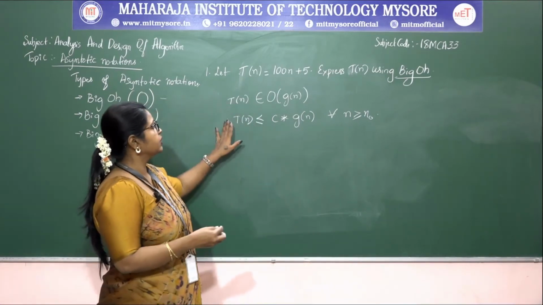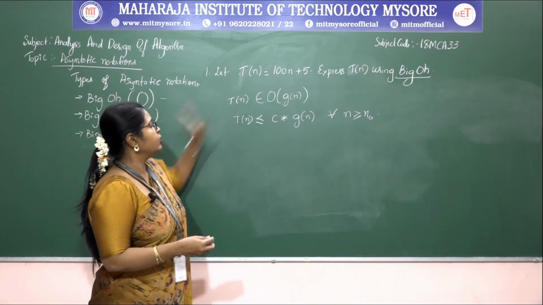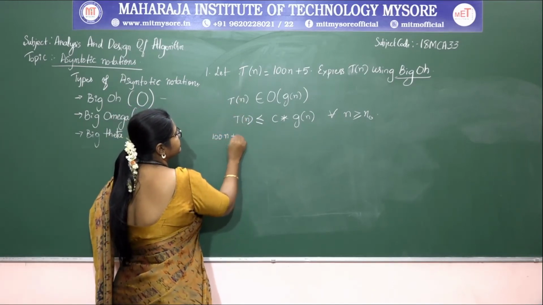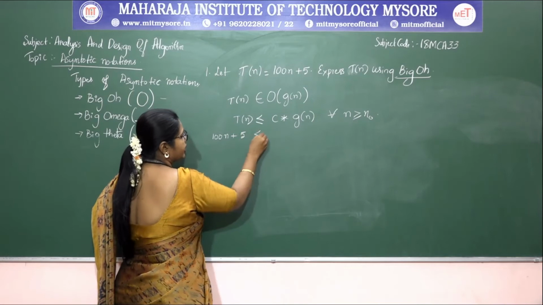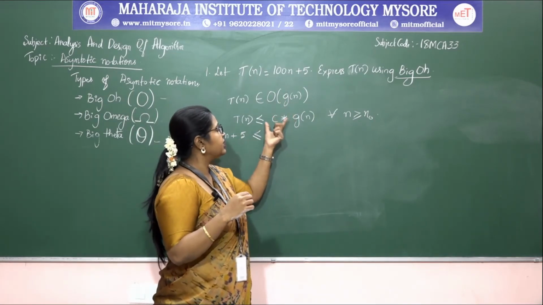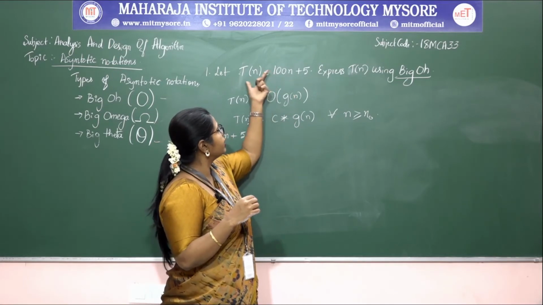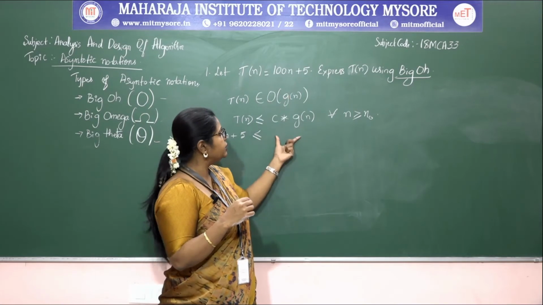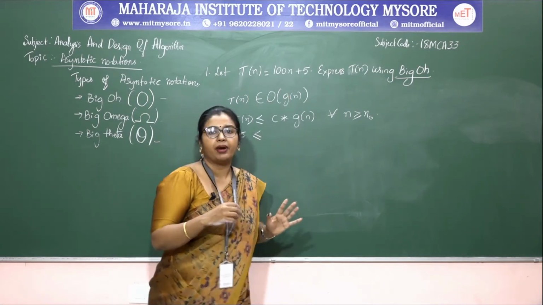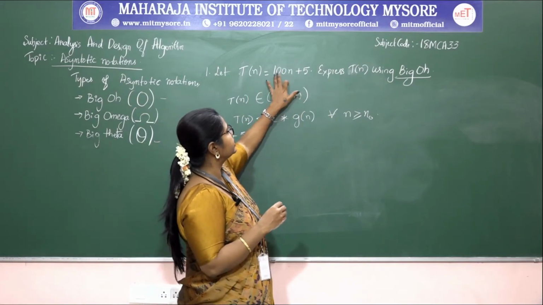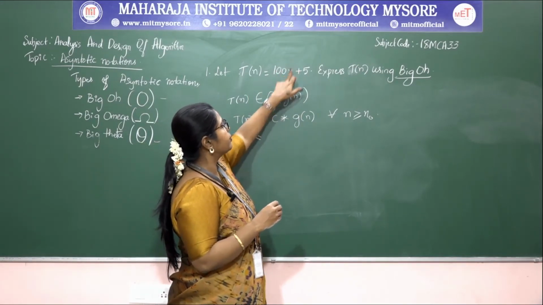So we know that T of n is 100n plus 5, and we need to obtain this equation in terms of C into g of n format. Here we have a higher order degree, that is 100n, the power of 1.